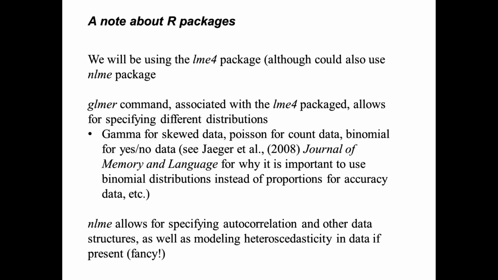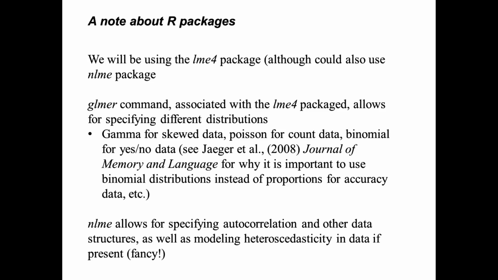But the good thing about the NLME package is that it allows you to specify specific covariance structures that you might be interested in. Like I was mentioning, autocorrelation in longitudinal data, right? There's a big problem with autocorrelation in longitudinal data, and what NLME allows you to do is specify these correlation structures.